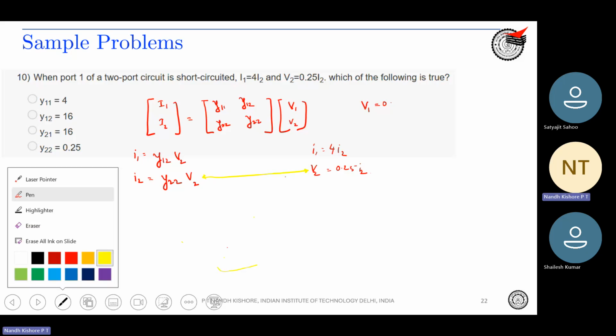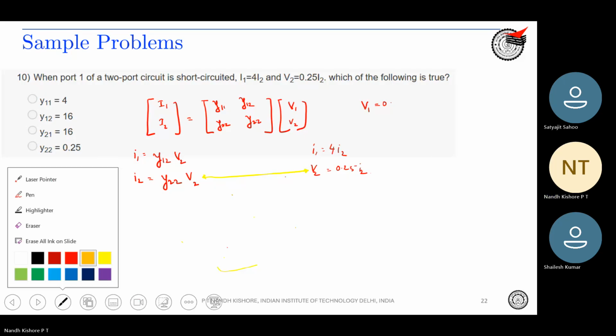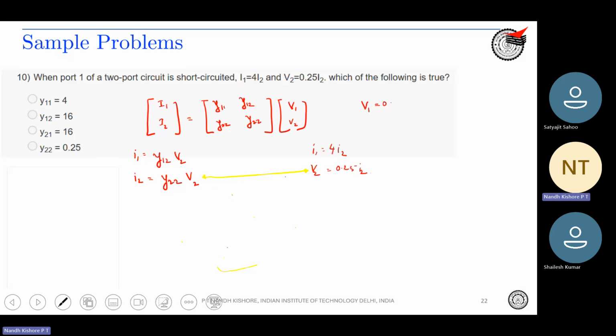Rearranging this expression, you get I2 is equal to 1 by 0.25, which is 4 V2, correct? I2 is equal to 4 V2. So therefore you know that Y22 is equal to 4.